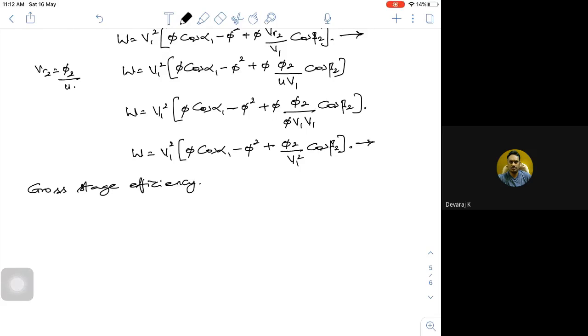This is your work done W per unit stage, whatever it may be, divided by your isentropic enthalpy drop in the nozzle plus isentropic enthalpy drop in the rotor or blade.